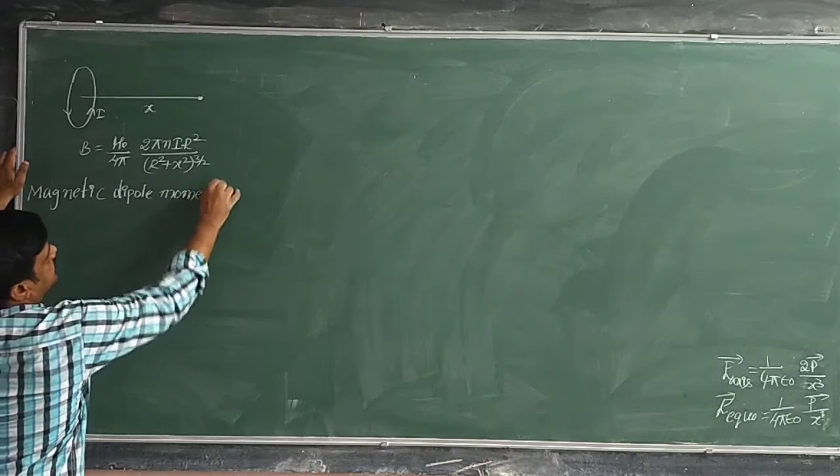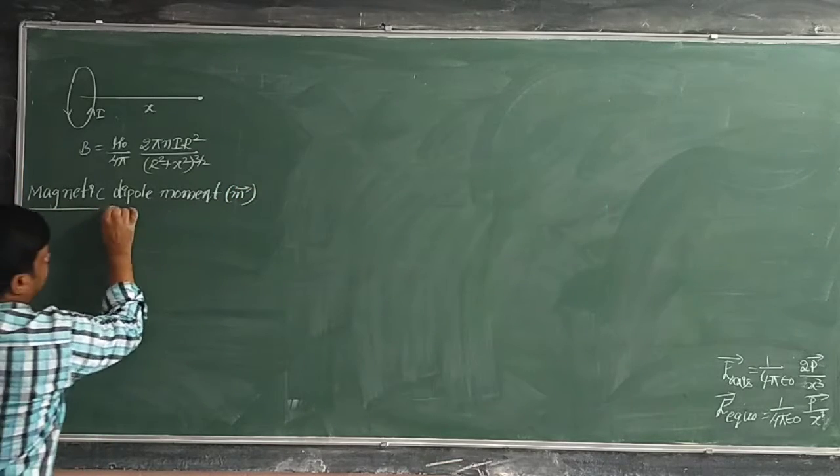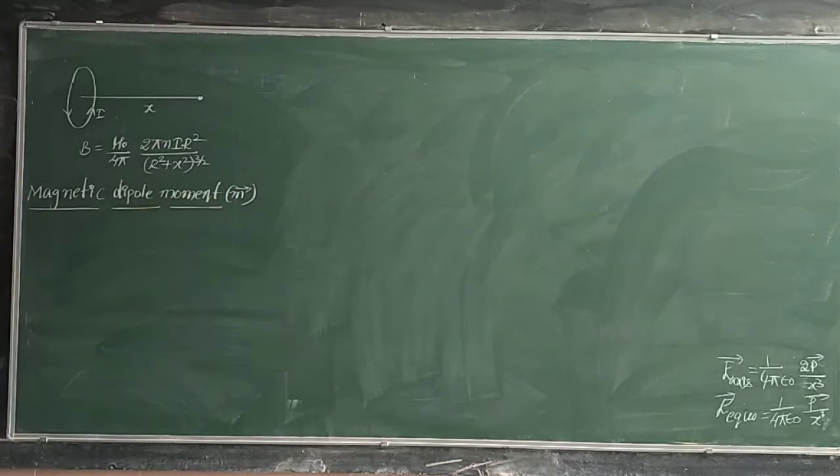Magnetic dipole moment is denoted by which letter? It is m bar. It is a vector. Sir, how to define the magnetic dipole moment?